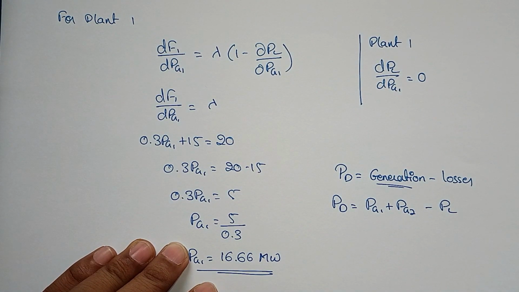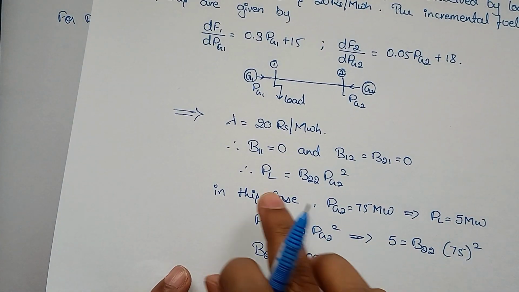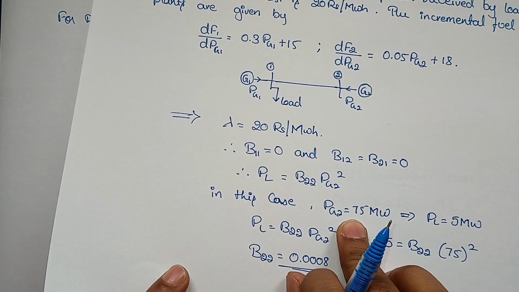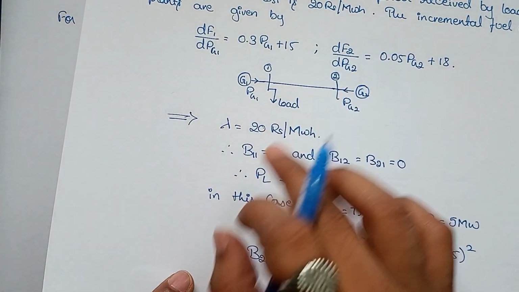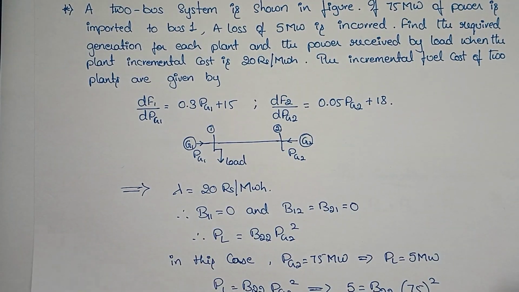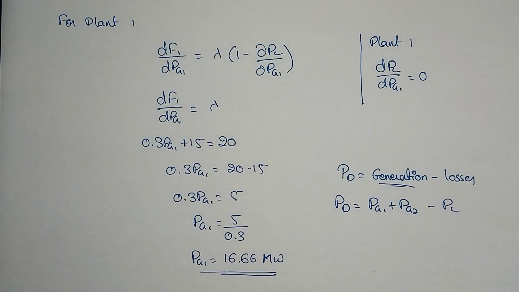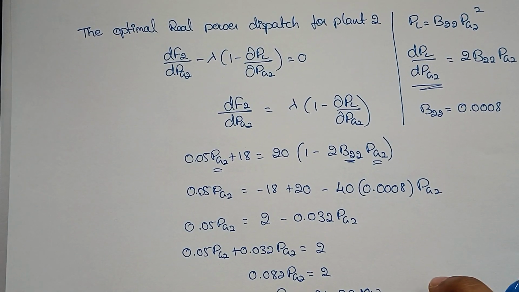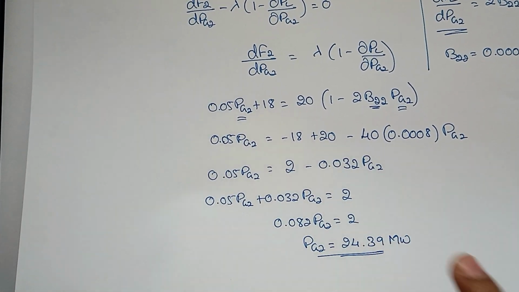And we started the problem with PL as 5 megawatt. That 5 megawatt occurred when 75 megawatt of power is received from PG2, or bus 2, to the load. Now the actual value of PG2 is 24.39 megawatt. Here we can see it's not 75 megawatt. Now we need to calculate the loss due to this power received.